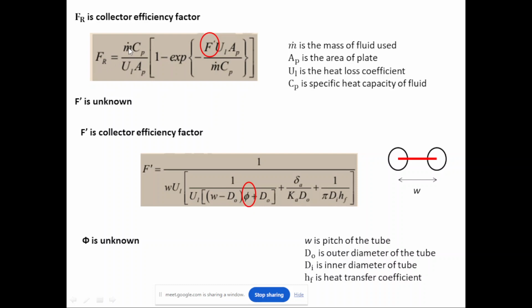So FR is nothing but m dot Cp divided by UL AP, into 1 minus exponential of minus F dash UL AP by m dot Cp.